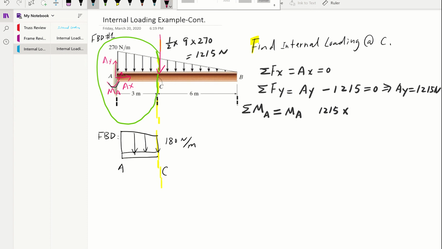We're going to times 3. That's clockwise rotation, so that would be negative. That equals 0.